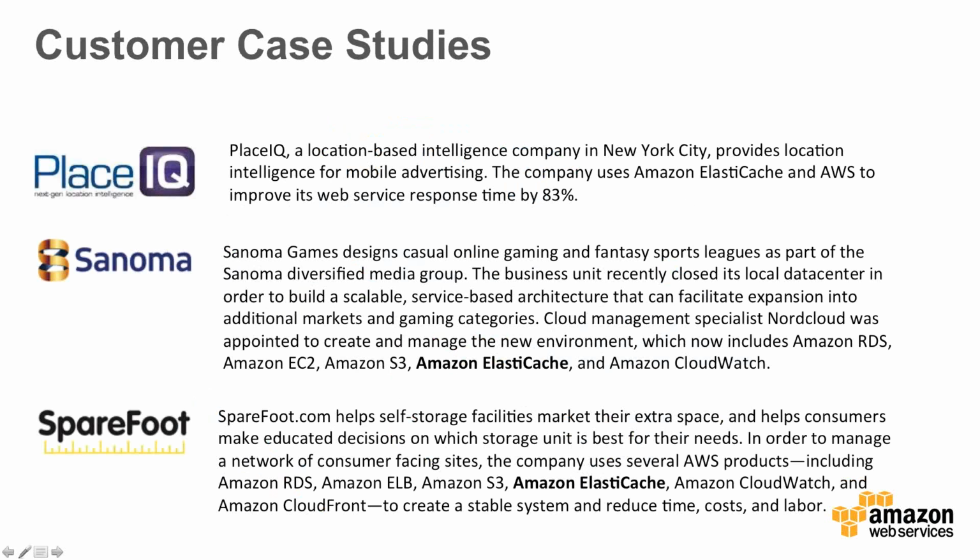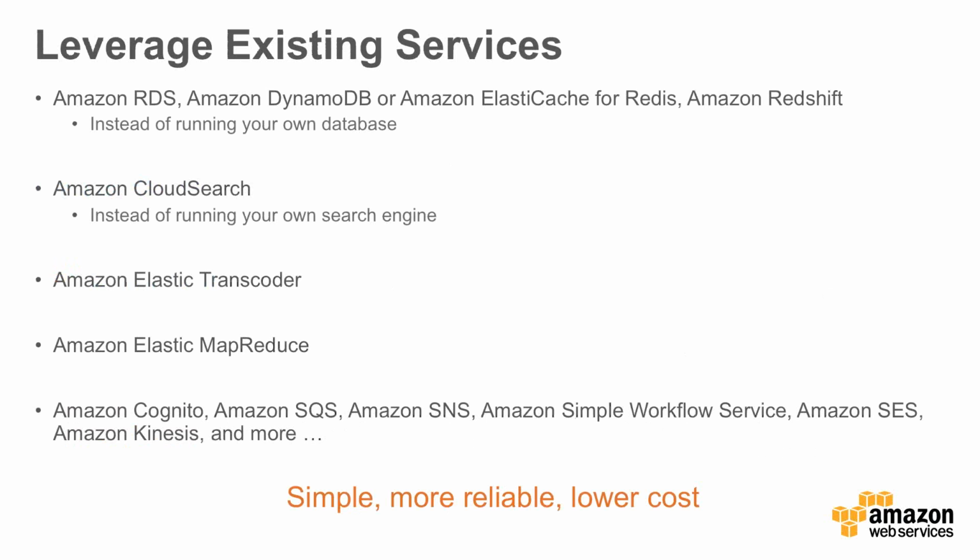So, leveraging existing services. When I meet a new customer, one of the first services that our customers usually adopt is Amazon EC2, the Elastic Compute Cloud, which is our virtual machines on demand. But what a lot of our customers don't realize is that we have over 45 services on offer at AWS, and they include database as a service.